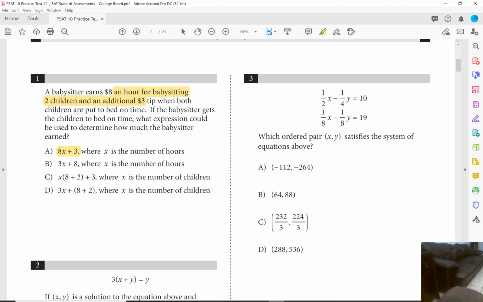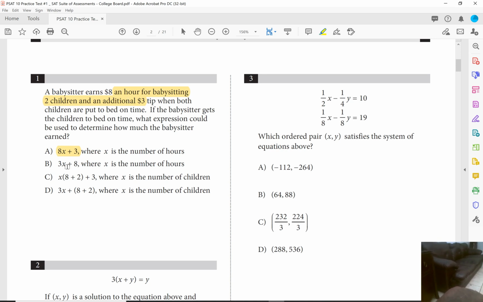Notice in question B why it's not question B or answer B. They're not paying you $3 an hour. They're paying you $8 an hour. And X is the hours. So put an X in your mind wherever you see the rate. So it's 8X plus 3.